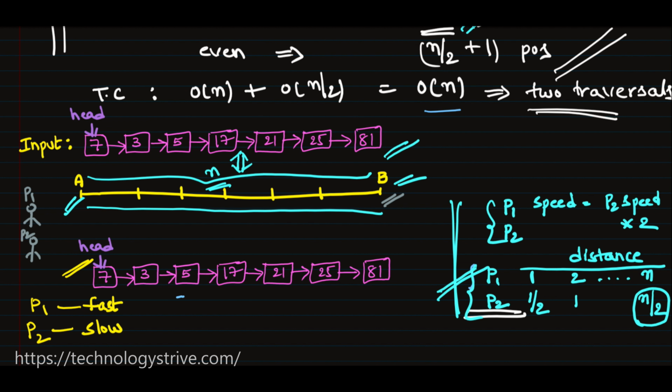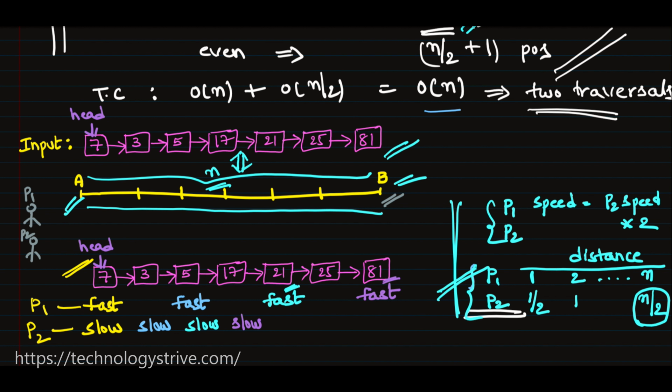If P1 is at this position, then P2 will be at this position. Again, as the fast pointer moves forward at double the speed, when the fast pointer is at this position the slow pointer will be at this position. Then moving ahead again, the fast pointer is at this position, which is the end of the linked list, and the slow pointer will be at this position.